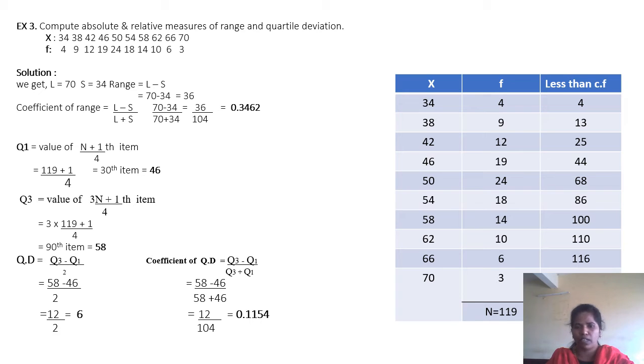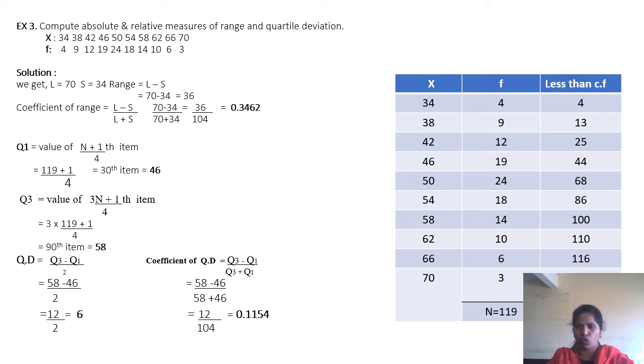Just prepare the table as I have shown in this PPT: x values, f values, the total of the f column, and the last column is less than CF. I hope you understand how to calculate less than CF. In the f column, the starting number is 4.